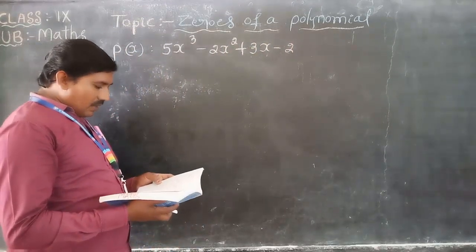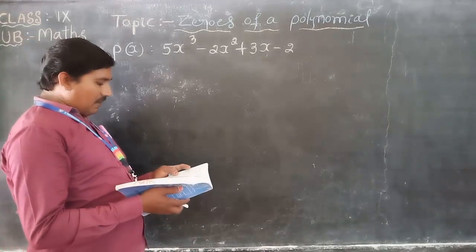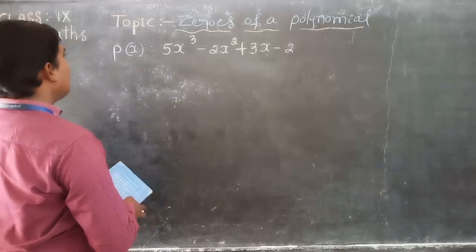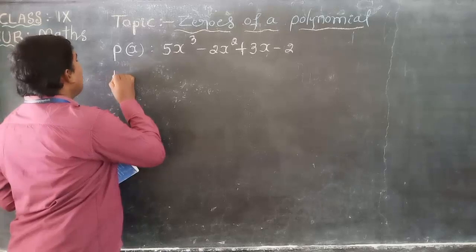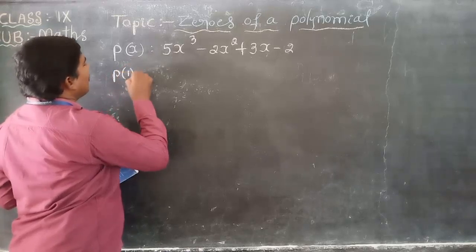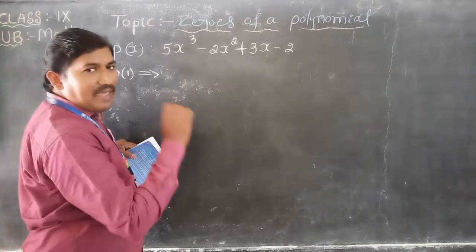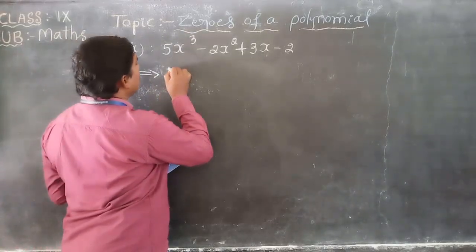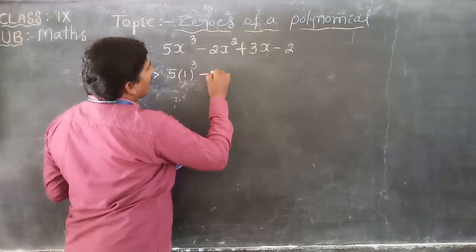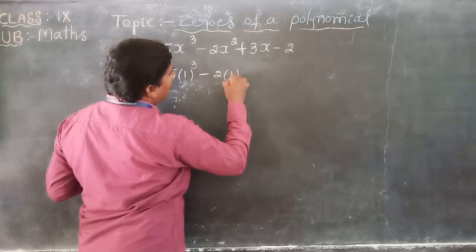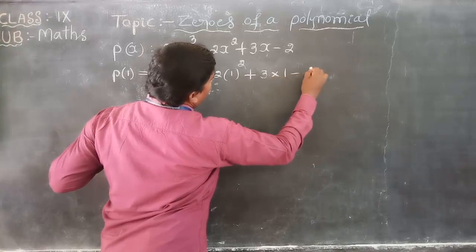Okay, see. Then we want the zeros of a polynomial. In the place of x, we will substitute 1, p of 1. So wherever x is, substitute 1, and we will get 5 into 1 cube, minus 2 into 1 square, plus 3 into 1, minus 2.